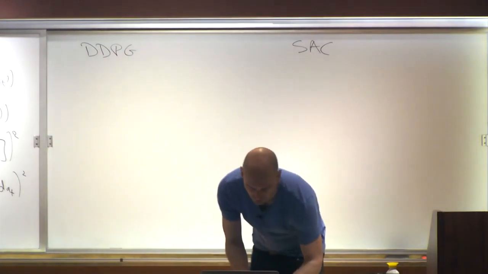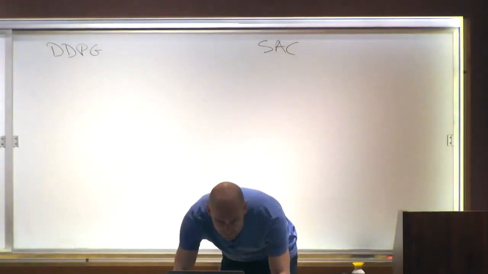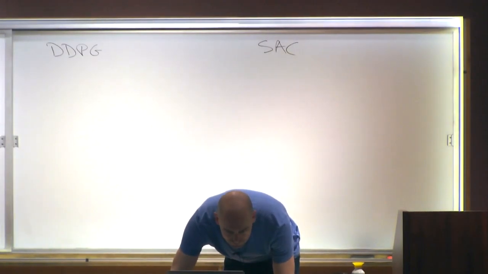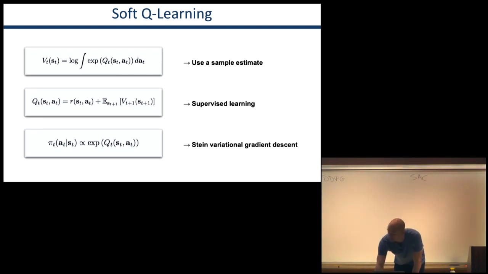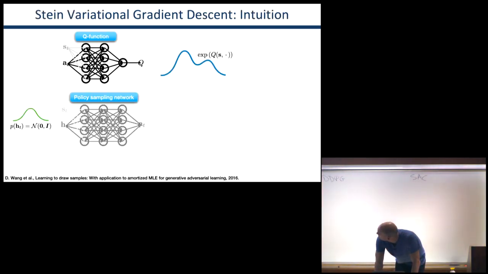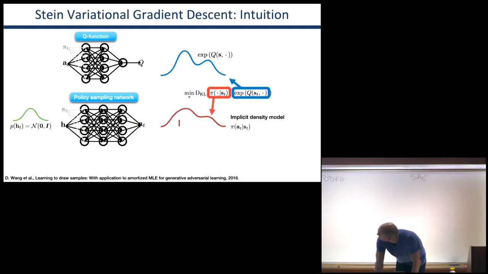All right, let's look at some results from this method. So this is the soft Q-learning equations that we saw on the board. Moving the policy closer uses something called Stein variational gradient descent, and it is more general than just for Q-learning.